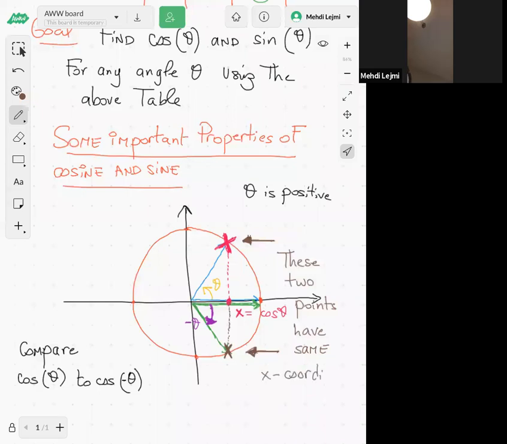If they have the same x coordinate, but x corresponds to the cosine of the angle, then cosine of theta is equal to cosine of minus theta.